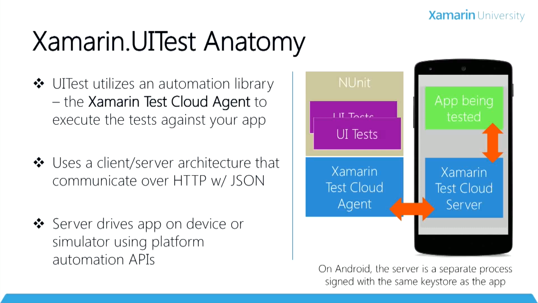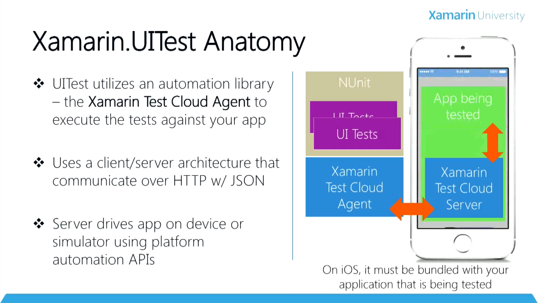On Android, which you can see on this slide, the automation server is installed onto the device or emulator along with your application, and it runs as a separate process. To bypass the normal sandbox conditions, the server component is signed with the same key as the application, so it looks like it's part of the same app. The deployment step takes care of all of this for you.